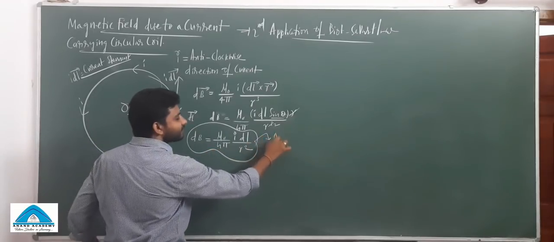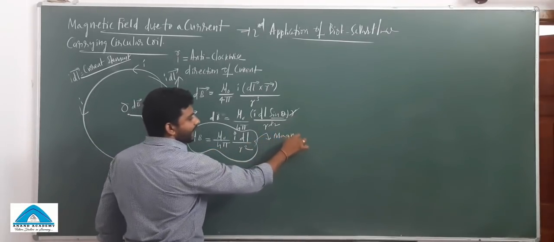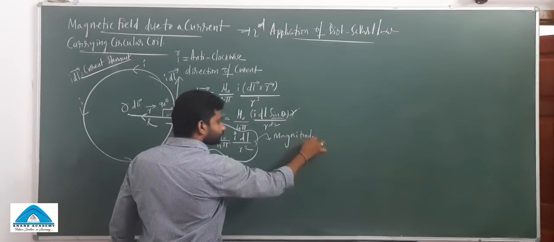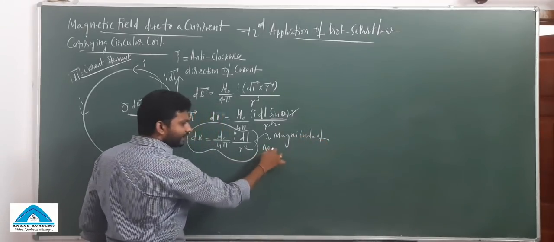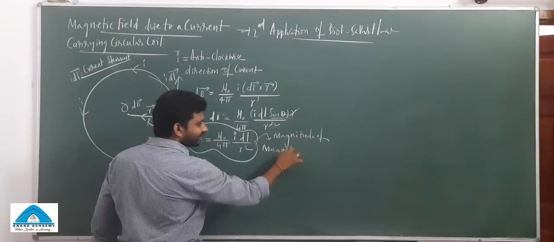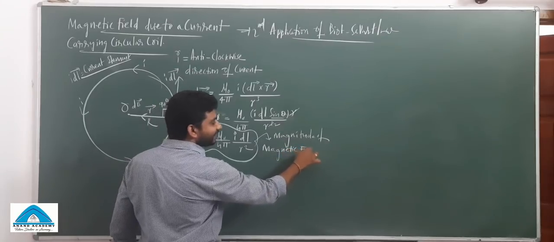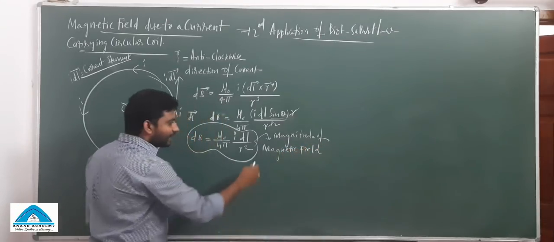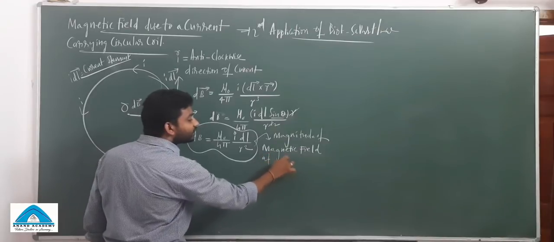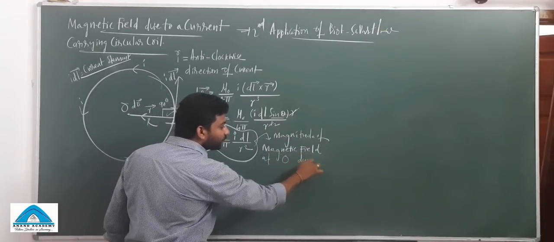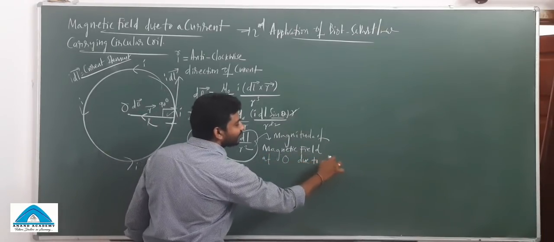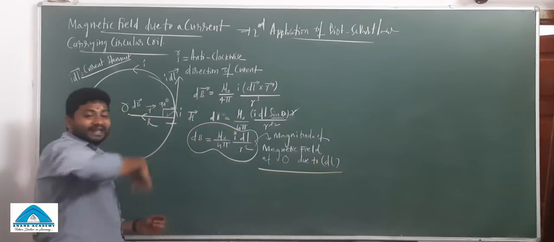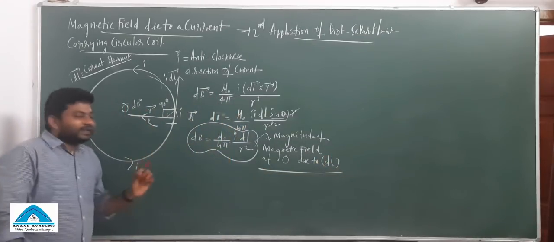Carefully see. This is the magnitude of magnetic field at point O due to dl. It's not due to total length, it's just due to dl.